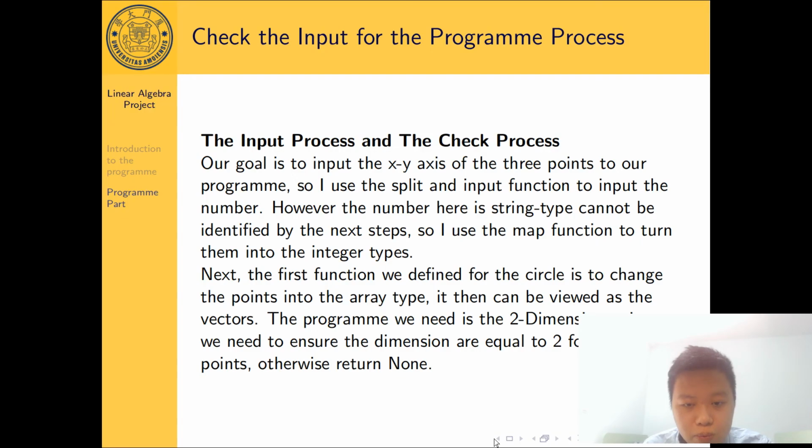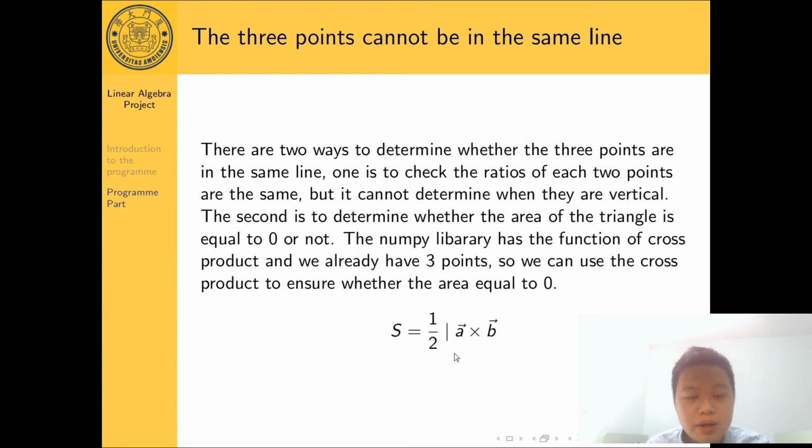From analytic algebra, we know the area of the triangle can be defined as 1 over 2 times the cross product of the 2 vectors. So to check whether the 3 points are on the same line or not, we just check whether their area equals 0 or not.